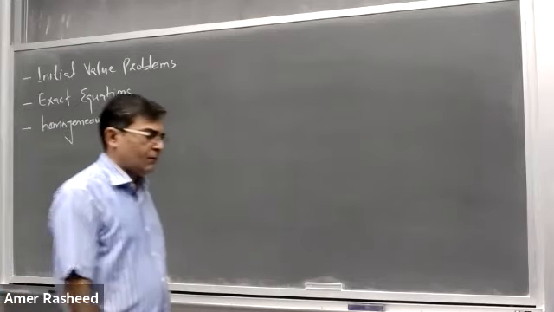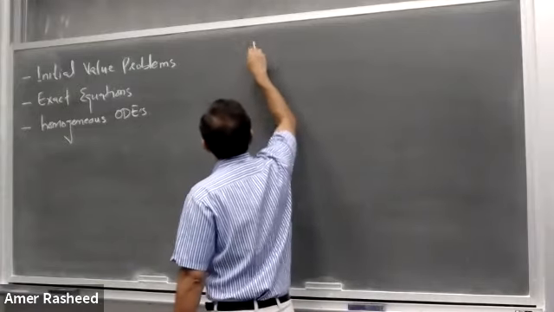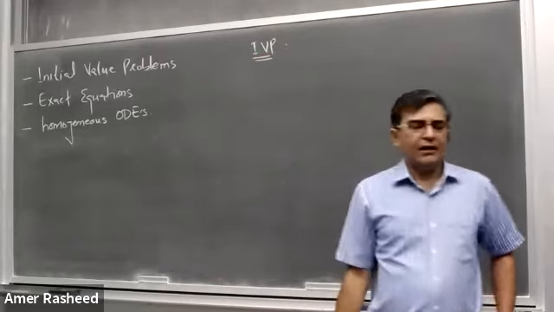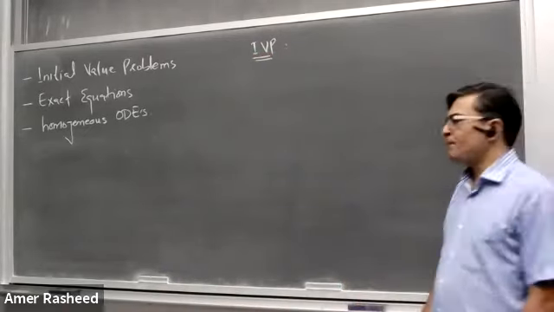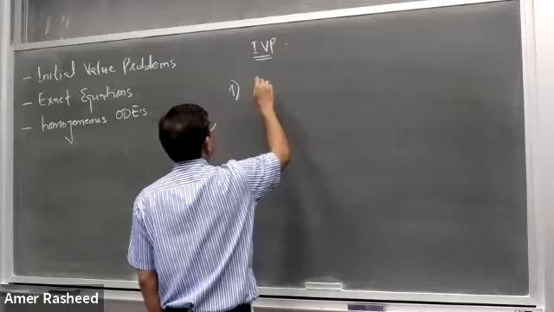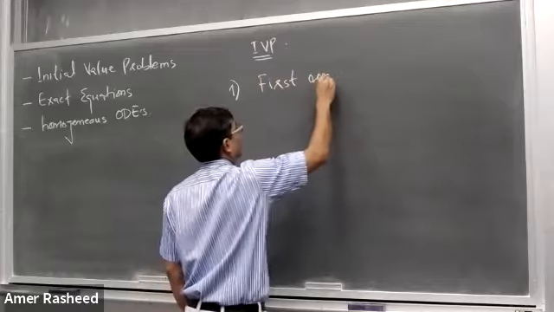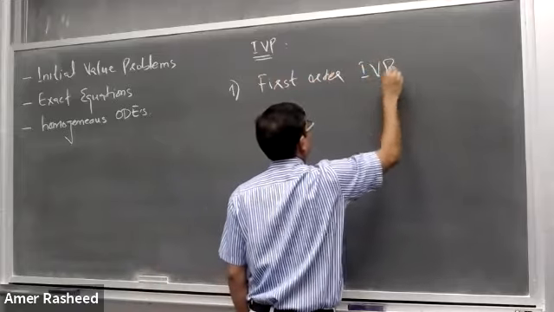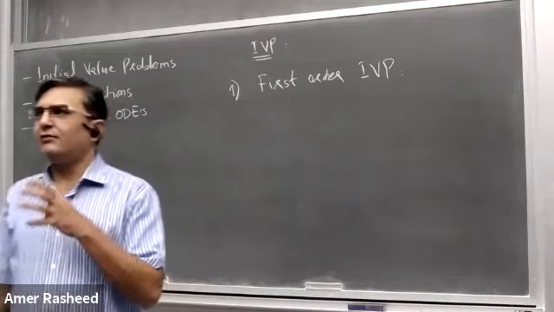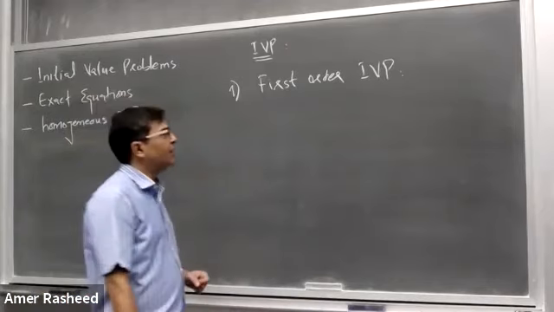Okay, what is an initial value problem? In short, we write it IVP, which means initial value problem. First order initial value problem has one equation, a first order differential equation, first order ODE.